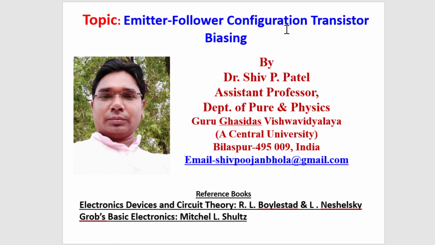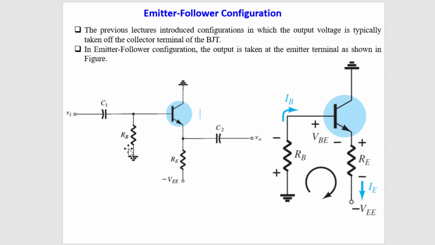So in today's lecture, I will introduce another configuration called emitter follower configuration, which is another transistor biasing technique. In this technique, we provide a DC power supply to the emitter.